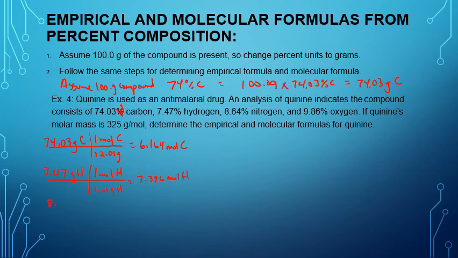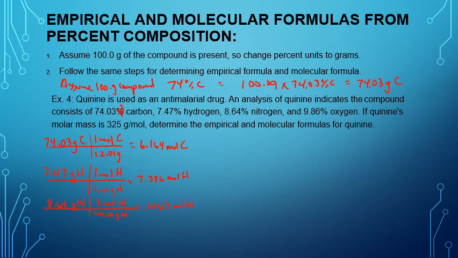We have 8.64 grams of nitrogen. So 1 mole of nitrogen, 14.01 grams, and that will give us 0.6167 for our number of moles of nitrogen.